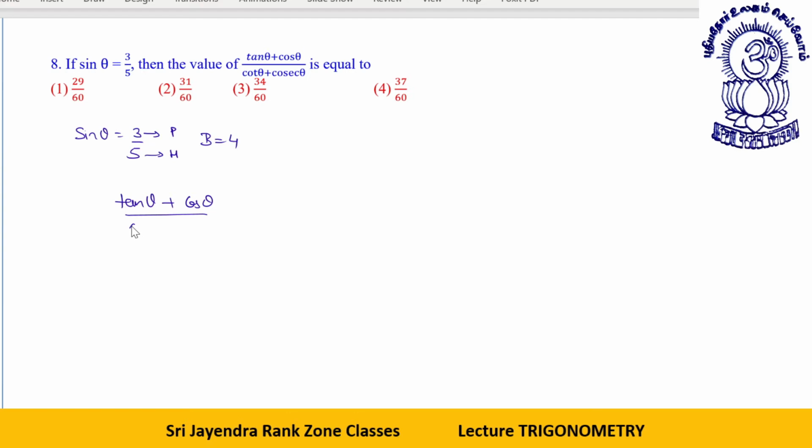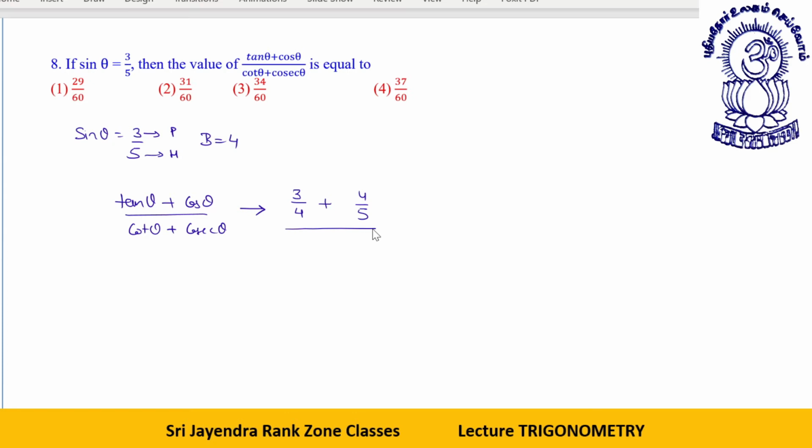Look, tan theta is what? Perpendicular by base. Cos theta is what? Base by hypotenuse, divided by cot theta. Cot theta is base by perpendicular. Perpendicular is 3. Cosec theta will be what? Hypotenuse by perpendicular.